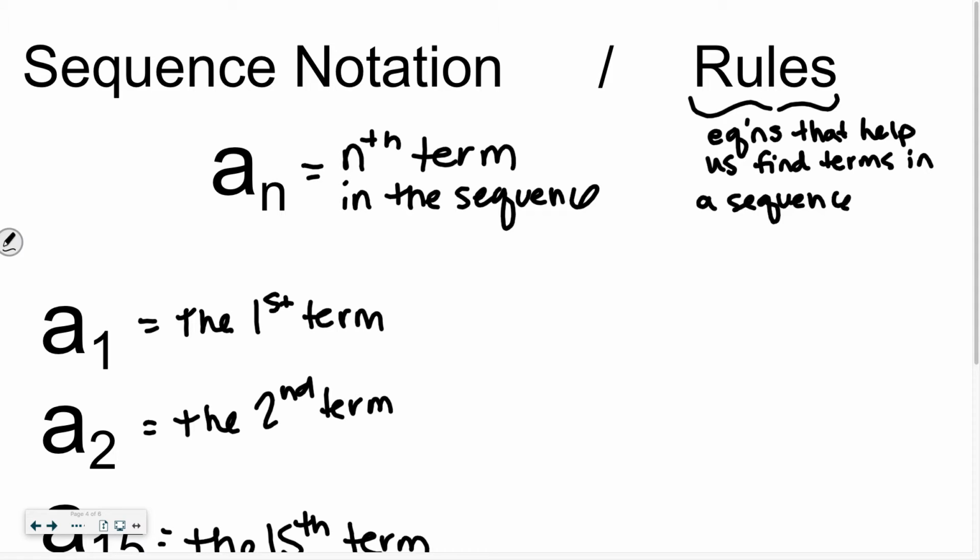You're going to write equations that would generate the list of numbers in the sequence. Now, there are two types of rules. One type of rule is called explicit, and the other type of rule is called recursive.